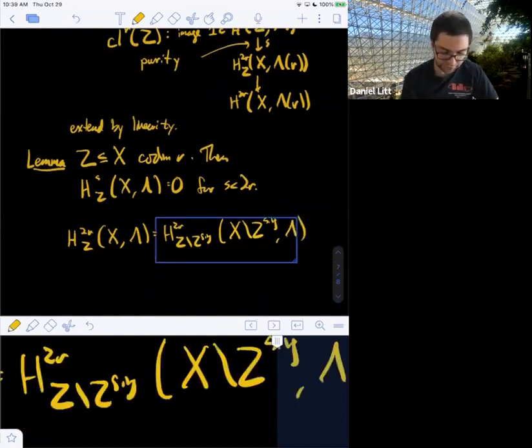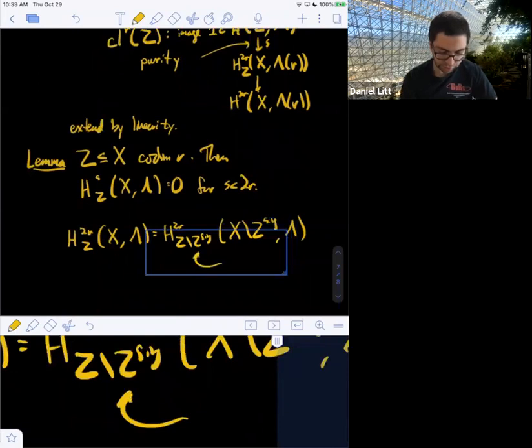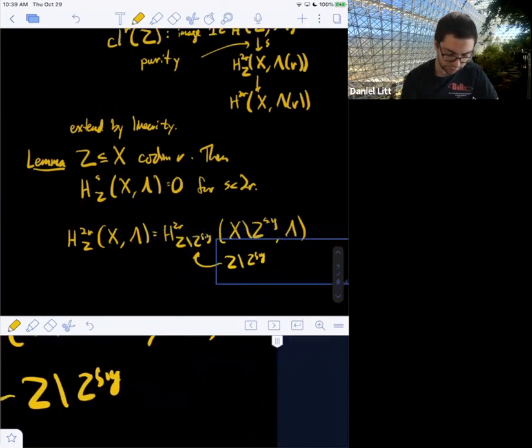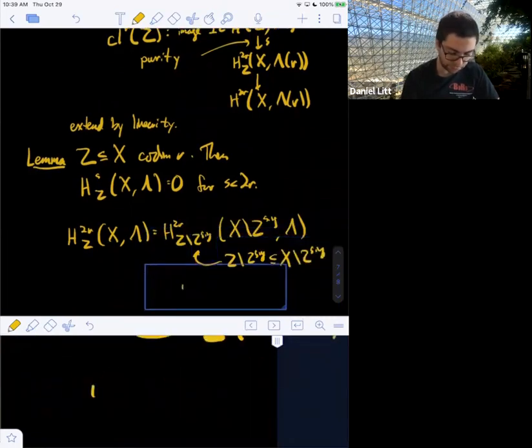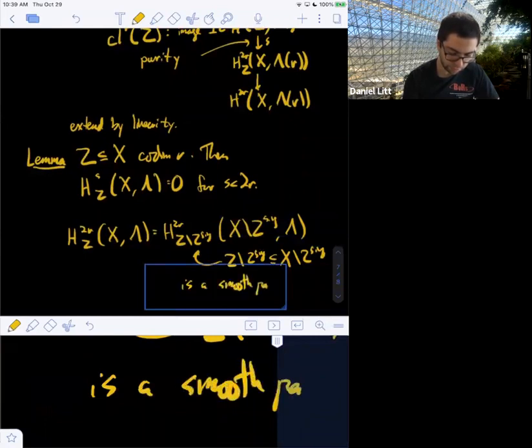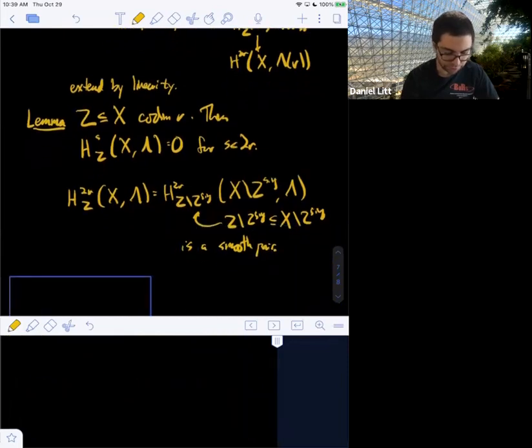Okay, and now here, Z minus Z sing inside of X minus Z sing is a smooth pair.